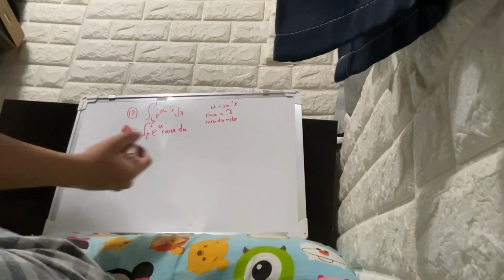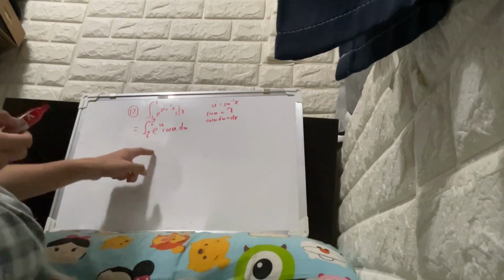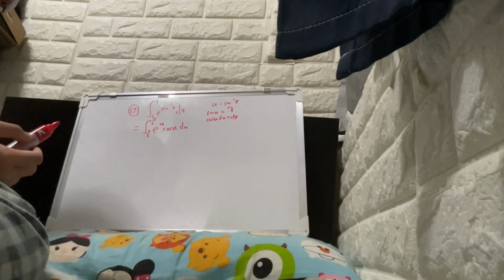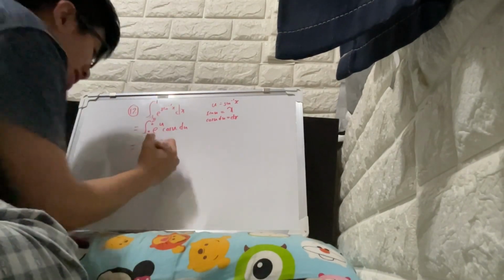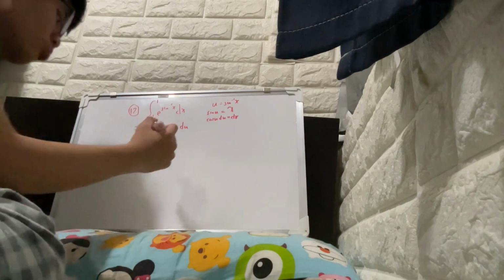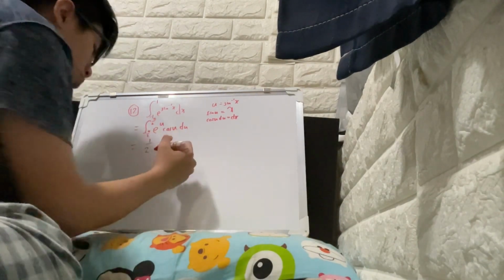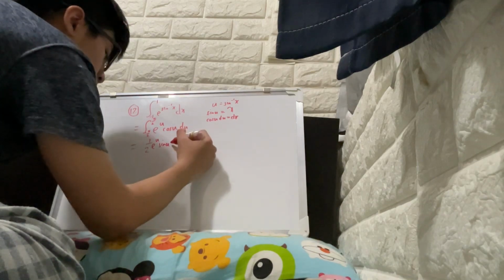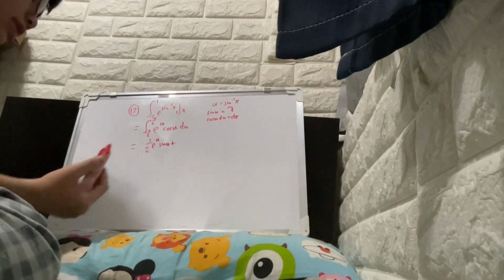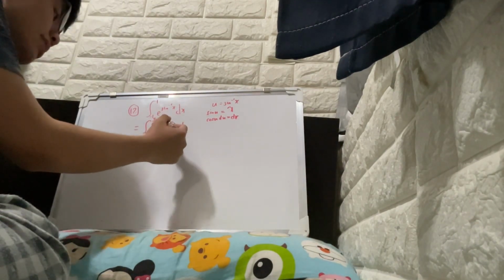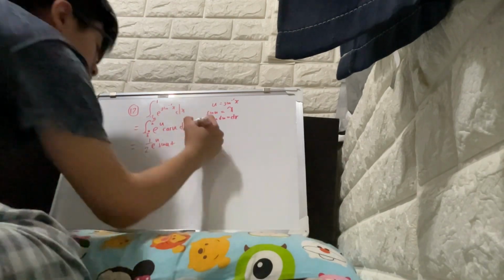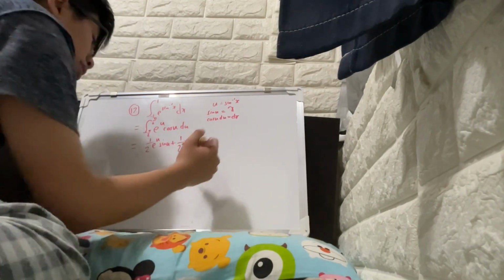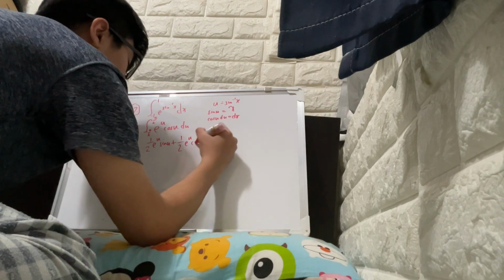Of course, this is very good because this is my friend. I always see this integral, just replace it with 1/2 e to the u sine u, but this time it's positive, and then plus 1/2 e to the u cosine u.